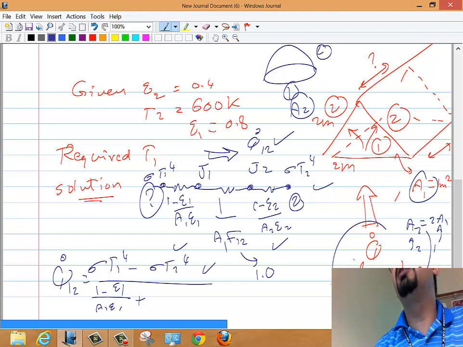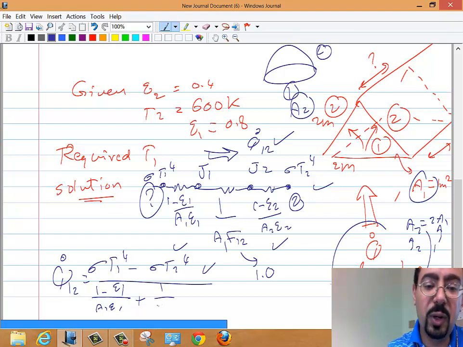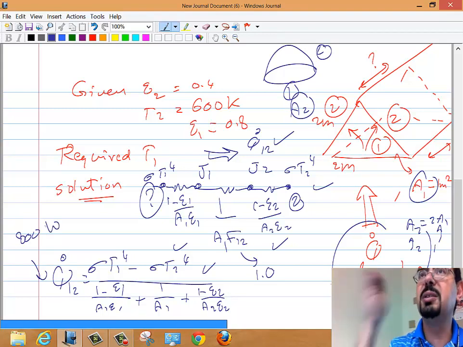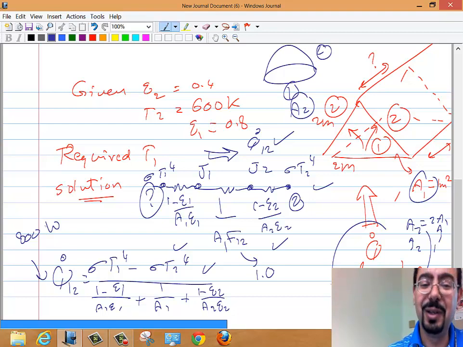I don't have to modify the Q dot. So that makes sense to me. So anyway, 1 over area 1 plus 1 minus epsilon 2 over area 2, epsilon 2. Alright? So you know the Q dot, we said it's 800. Now it's 800 watt. Not per meter square, it's 800 watt because the area is 1 meter square.